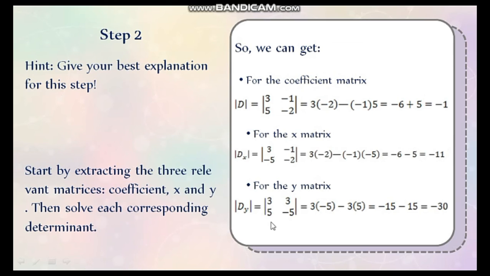Third, for the y matrix, determinant Dy equals the determinant of [3, 3; 5, minus 5], equals 3 multiplied by minus 5 minus 3 multiplied by 5, equals minus 15 minus 15, equals minus 30.